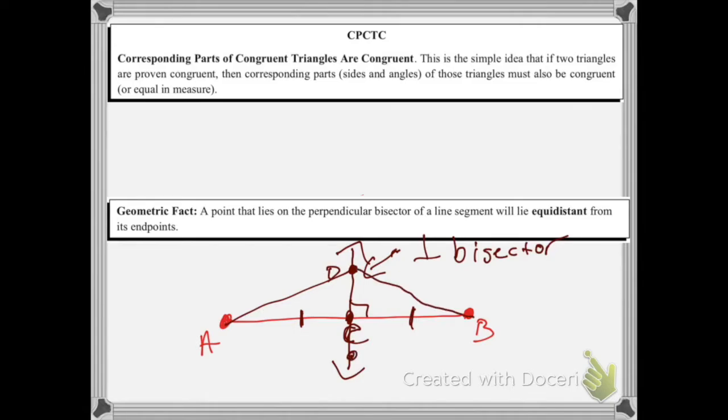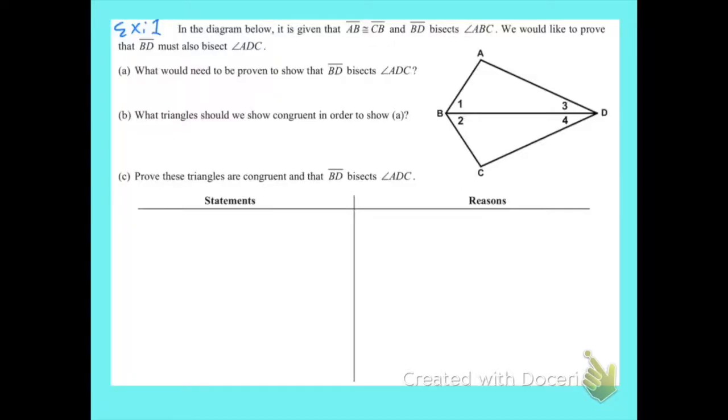Similarly, if the point is here and it's F, FA is congruent to FB. Everywhere, they will be equidistant from the endpoints. Hope that idea makes sense. If you have questions on it, ask about it tomorrow in class.